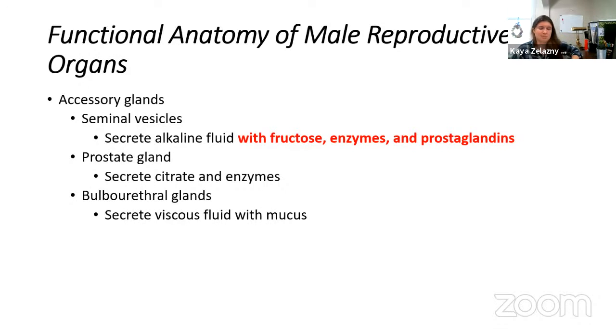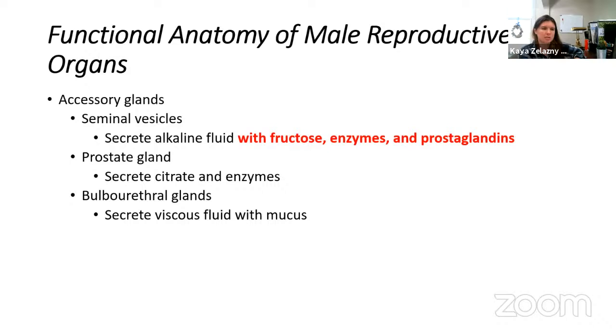The most interesting one to me is the seminal vesicles. The seminal vesicles are producing about 70% of the contents of semen. They're producing an alkaline fluid that is mixing with the sperm. So the sperm are coming from the testes, but the fluid component of semen is really coming from these glands. The fluid is alkaline largely because the female reproductive tract is slightly acidic, so this is to neutralize that acidity.